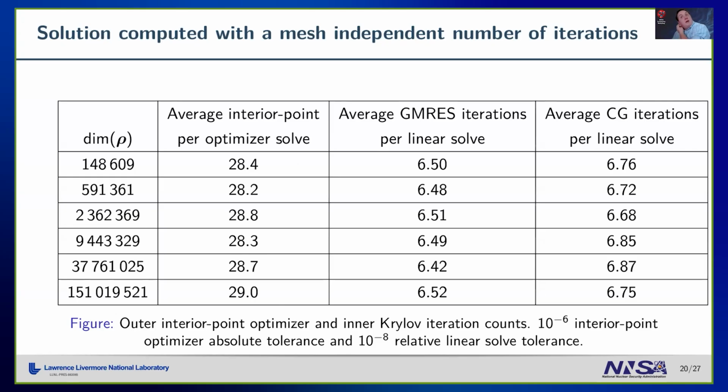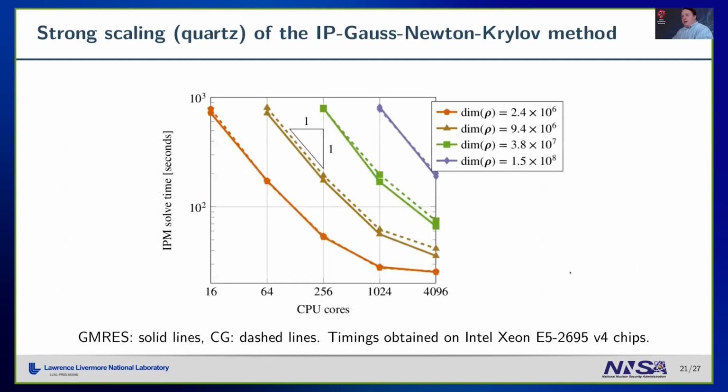So we're seeing mesh independent performance of the optimizer, which we're happy with. Then we look at the average number of block Gauss-Seidel preconditioned GMRES iterations needed to solve that interior point Gauss-Newton matrix in our system. That is also pretty fixed as we increase the mesh resolution, at about 6.5. And the CG iterations are also showing mesh independent behavior.